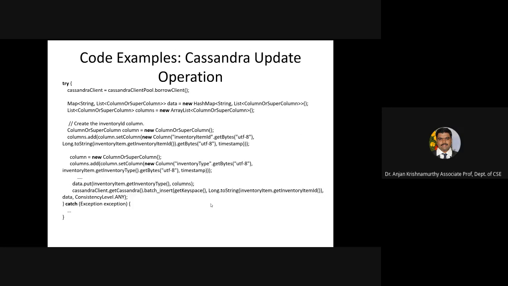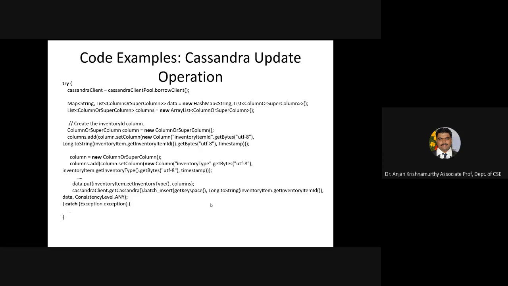So this is a code example with respect to Cassandra's update operations. So the update operations we are talking about are updates with the columns, right? Because we are talking about a column-based architecture data model, the column is supposed to be updated. Here you may use a column or you can use a super column also.